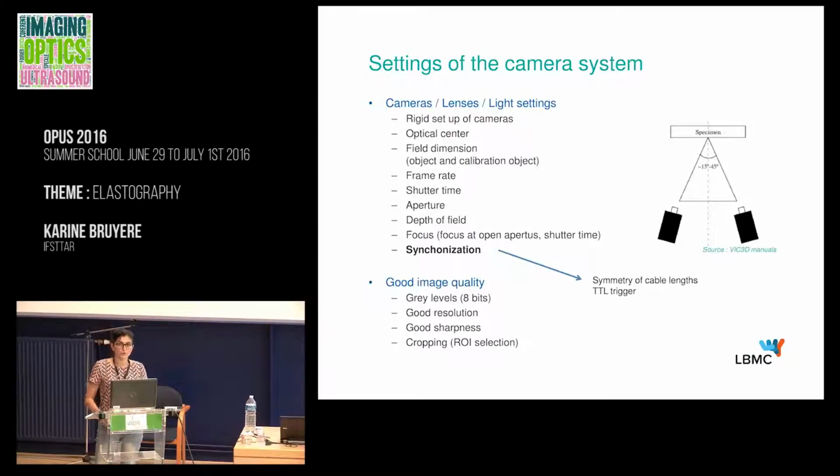Of course, we have to adjust the field dimensions according to the object we have to observe and the calibration object. And the most important is to have a good sharpness of the image, and for that it may be quite a lot of work to define the good aperture with the light we can use, and to have a good depth of field.